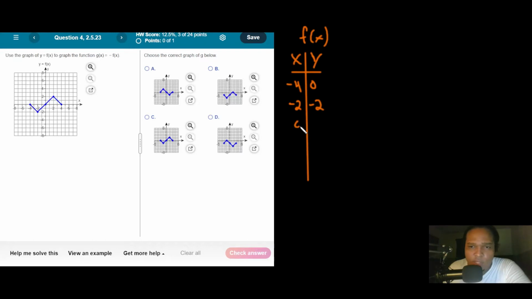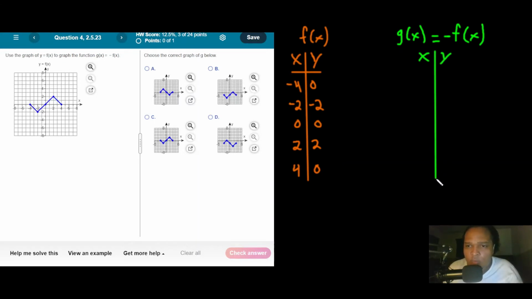We have 0, 0. We have 2, 2. And then we have 4, 0. Okay, let's go ahead and do our g of x. The function of g of x is equal to negative f of x. So we have x and y. I like the straight line tool. It makes things so much easier.